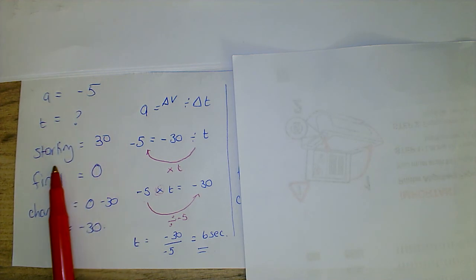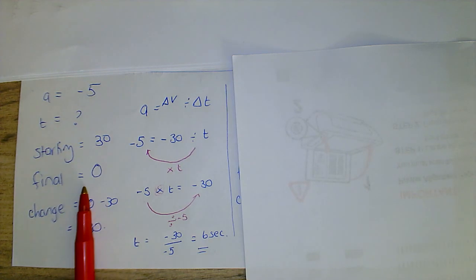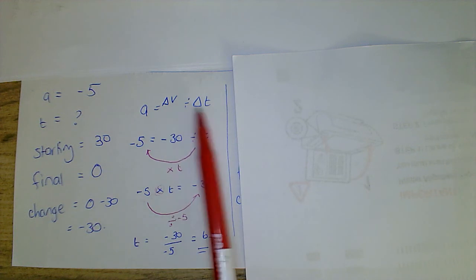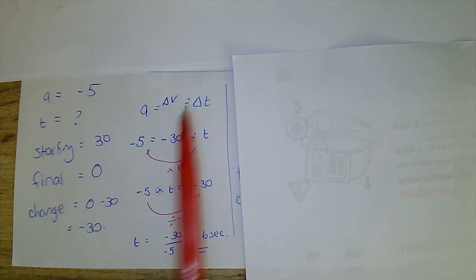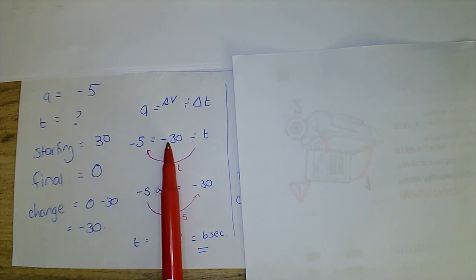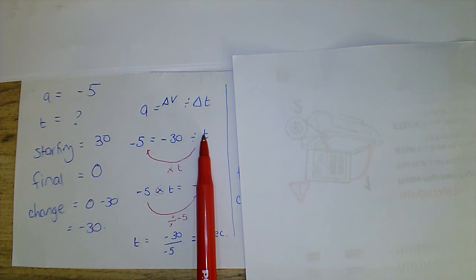The time we didn't know. The starting velocity was 30 and the final velocity was 0. So the change in velocity is final take away starting, so 0 take away 30, which is negative 30. The equation that we've been working on is acceleration is change in velocity divided by time. So the acceleration is minus 5, and the change in velocity is minus 30 divided by time.